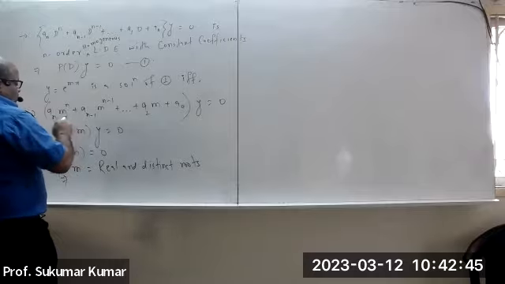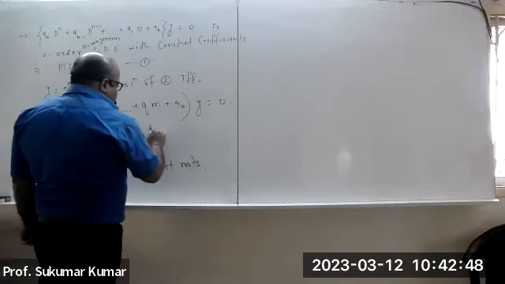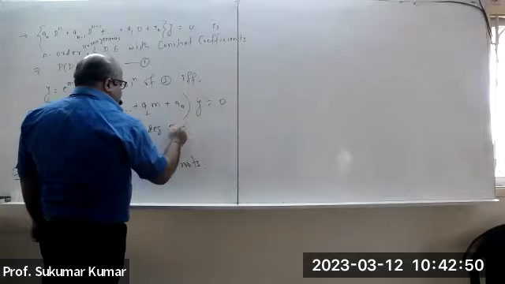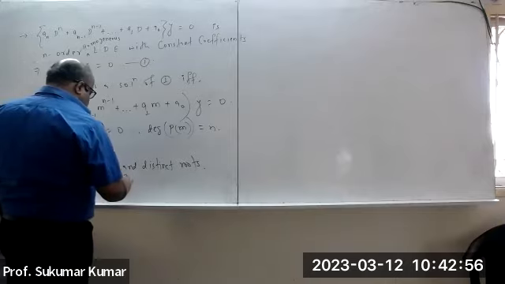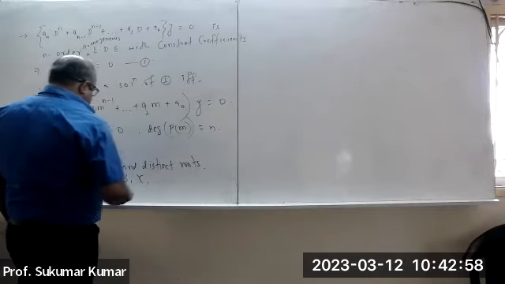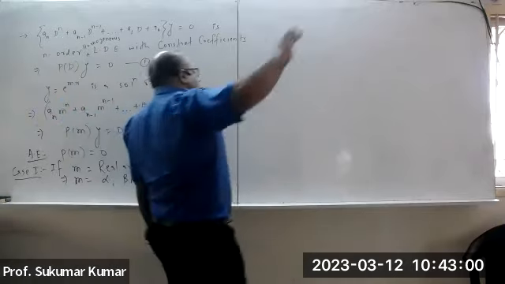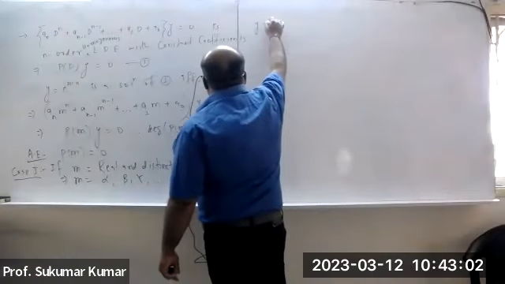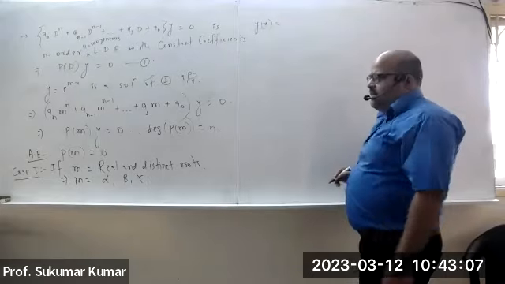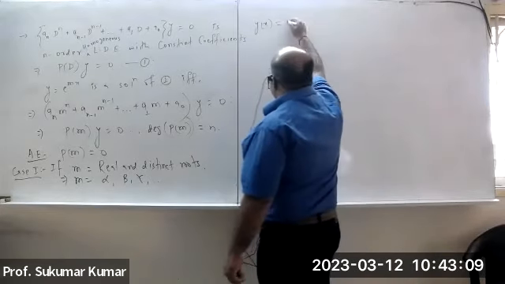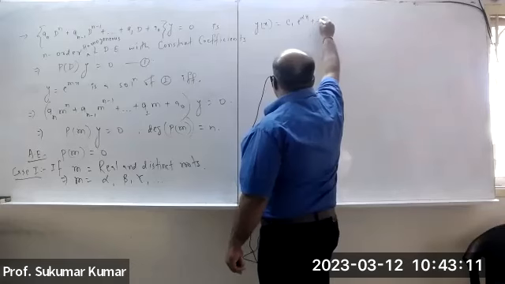This is an nth degree polynomial, so n roots will come. Then whatever the n roots are, n solutions will come, but we write our solutions in linear combination form. Why we write the linear combination form, we will see later.